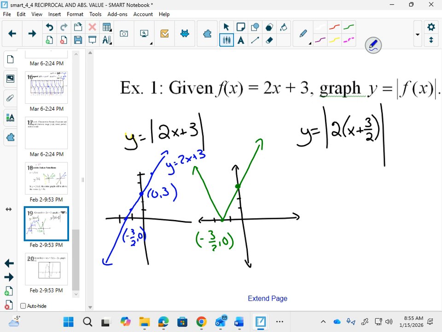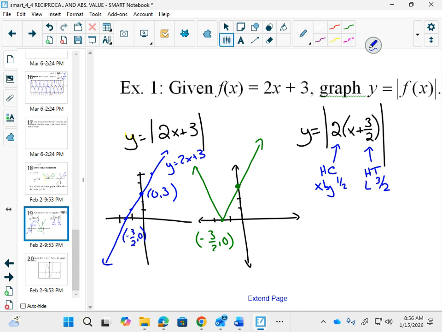So if we did this with transformations, we would have to do a horizontal compression by a half and then move it 1.5 units to the left.